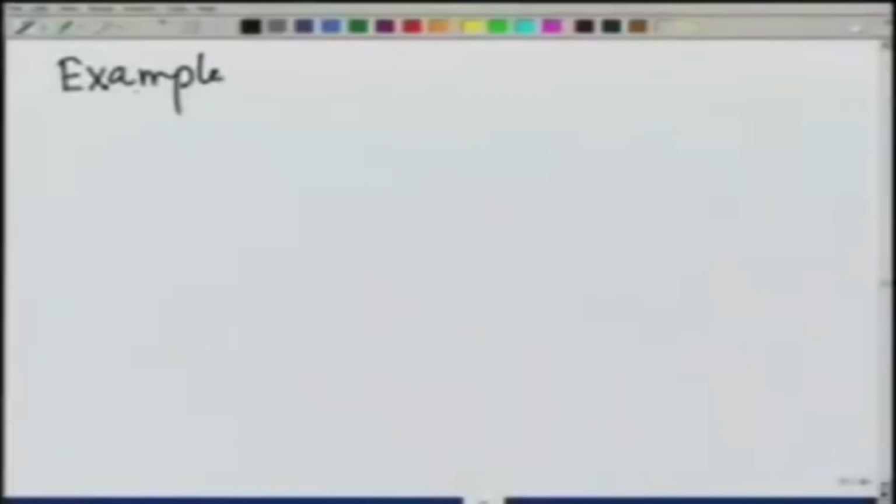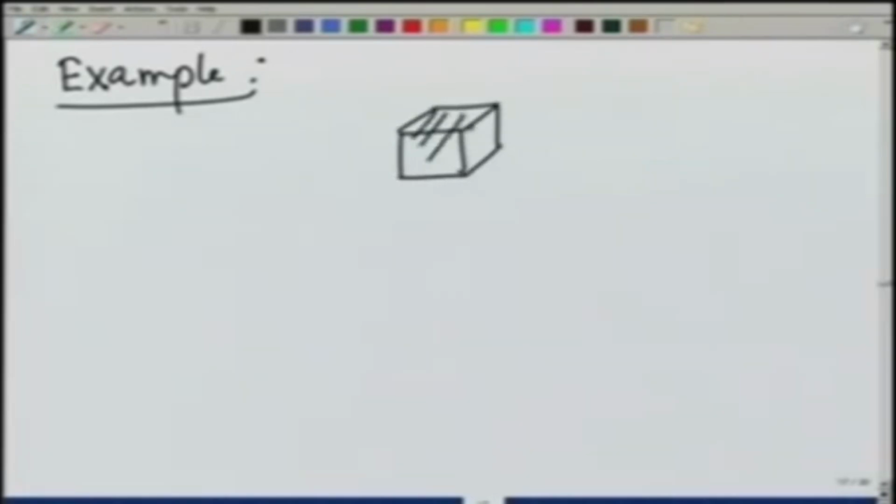In the second example, let us take the case of two persons pushing a box, so that the net force F net is, let us say, 12 newtons to the right or to the east.